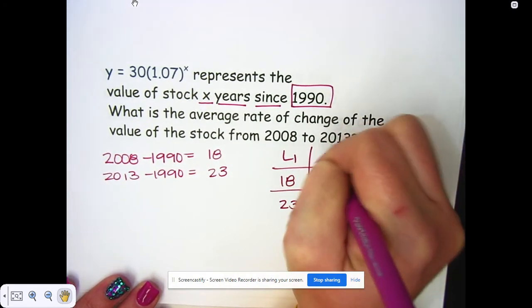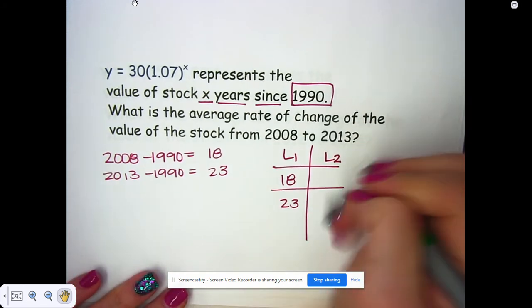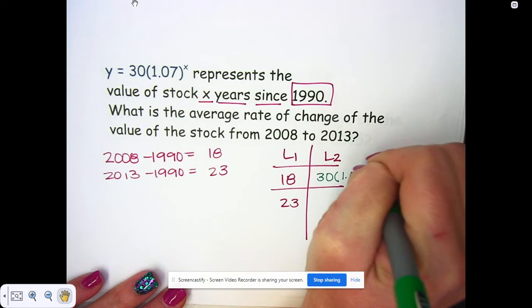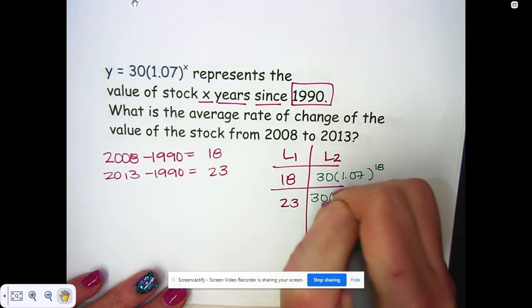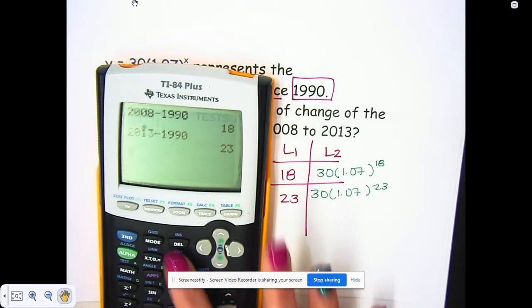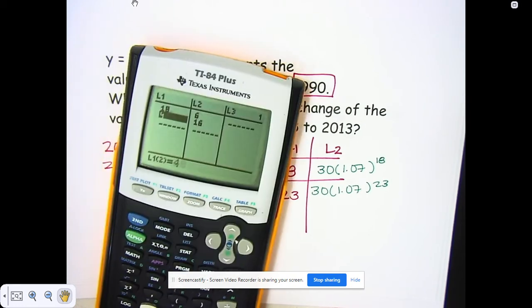Now for L2, here's where life's easier in the calculator. All you're going to do is plug that 18 and 23 into the equation. So you're literally going to type 30 times 1.07 to the 18th, and 30 times 1.07 to the 23rd. Now I want you to see what happens when I do that. So stat edit. Right here we had 18 and 23.